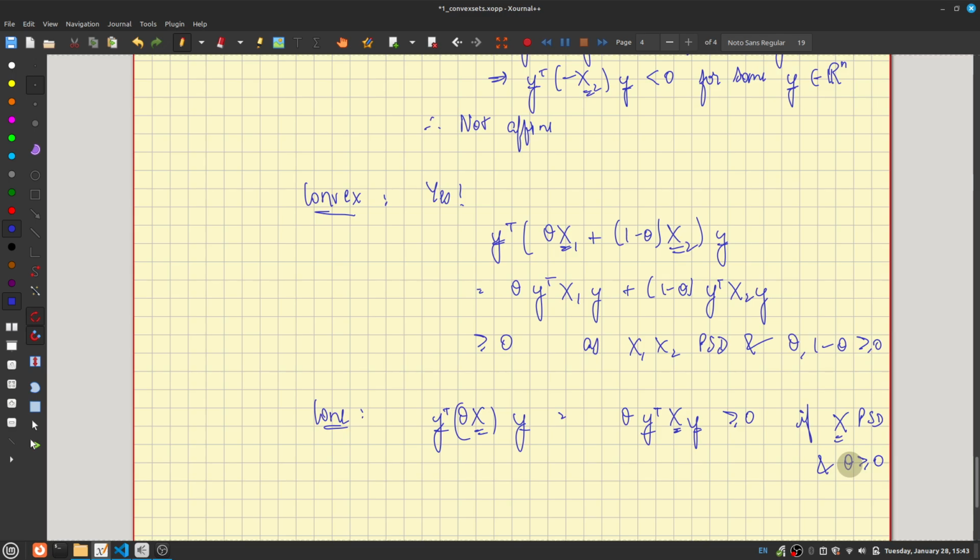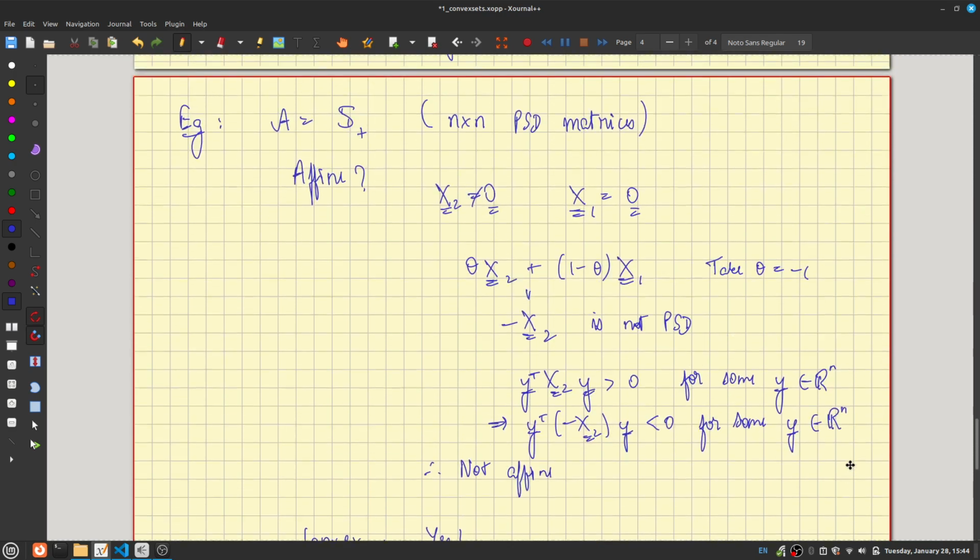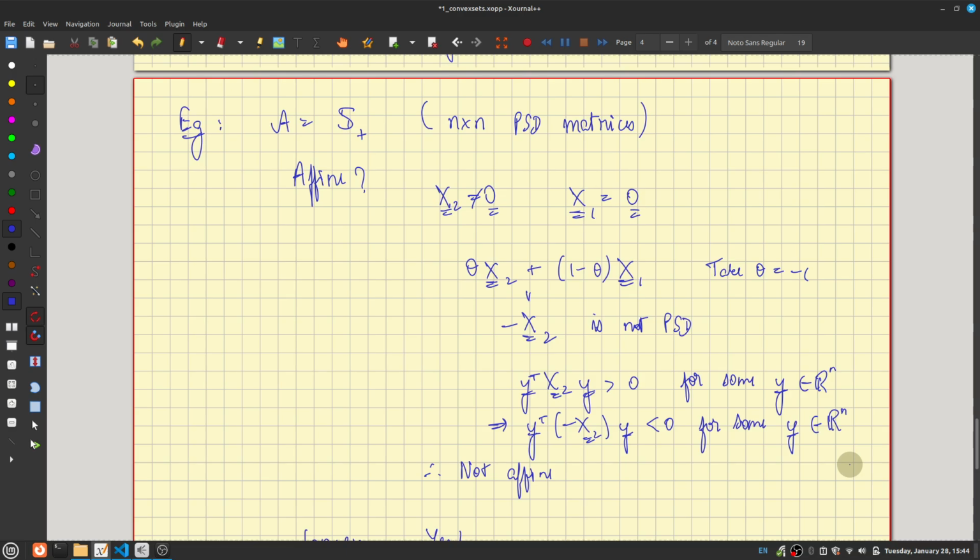Right? So beyond just cones in Rn, you can also come up with other types of cones like the set of PSD matrices.